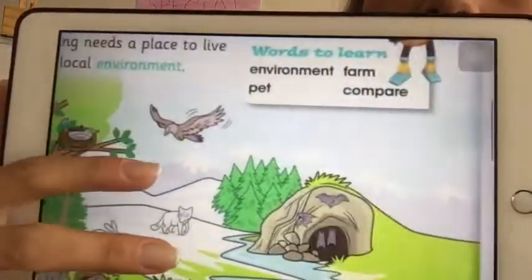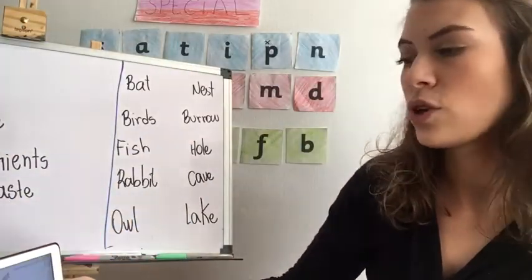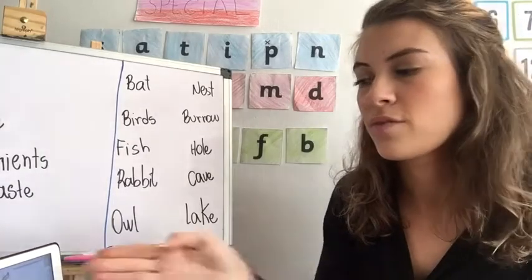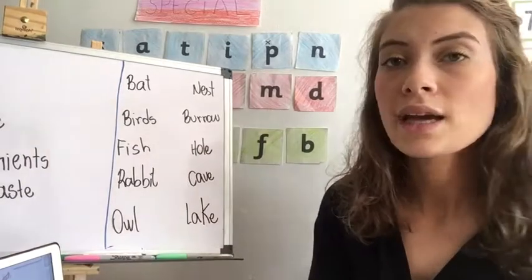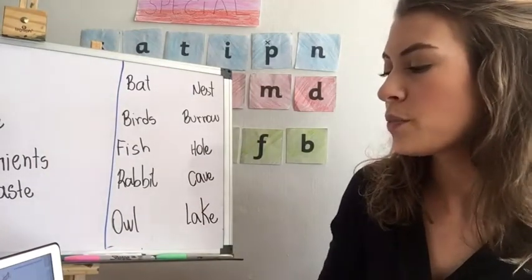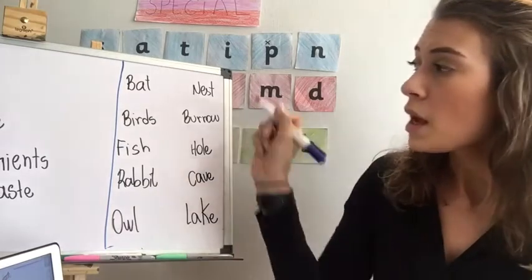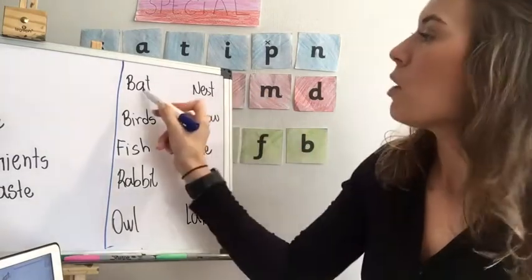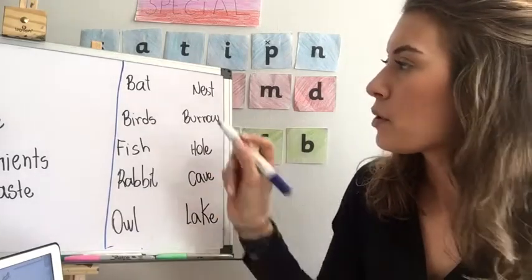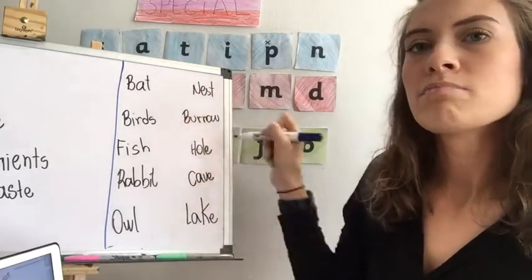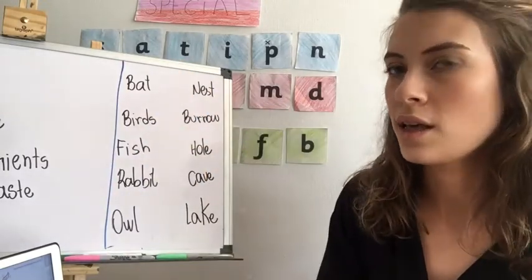So, I wrote here some of these animals, not all of them that you can find in this picture, and I would like to ask you to help me match the animal and where they live. I will draw a line matching the animals with where they live.